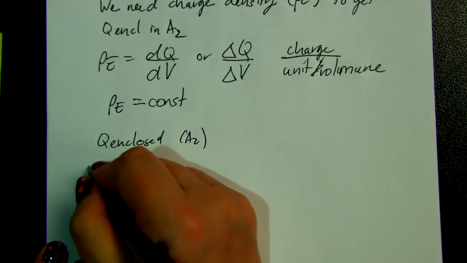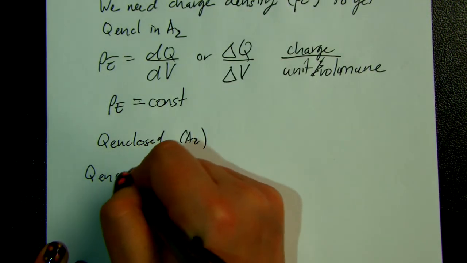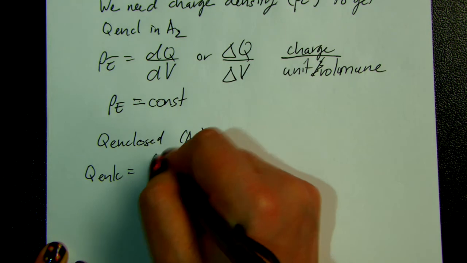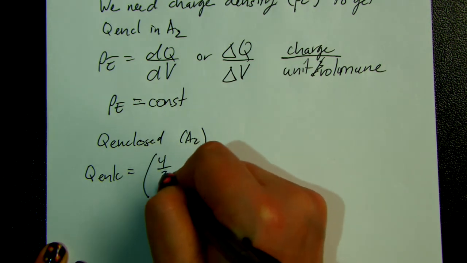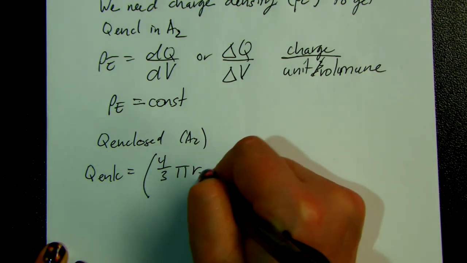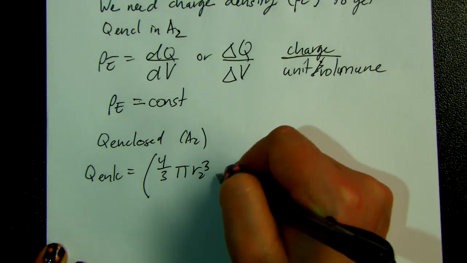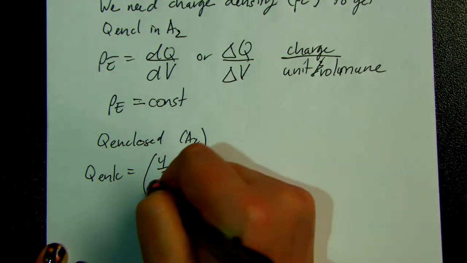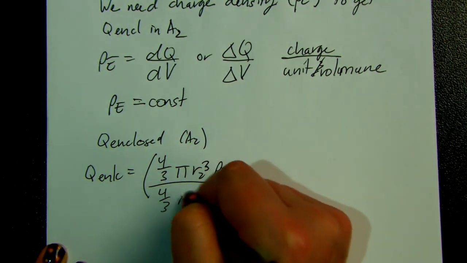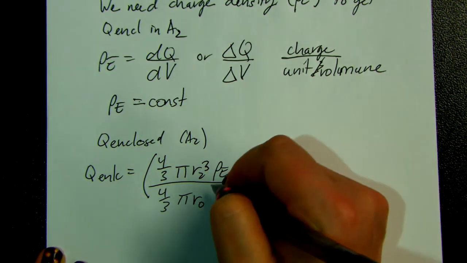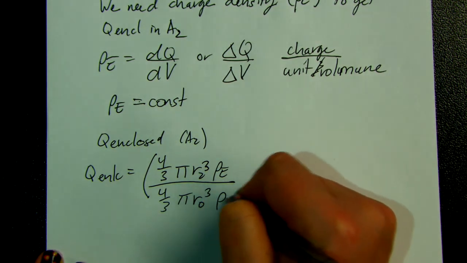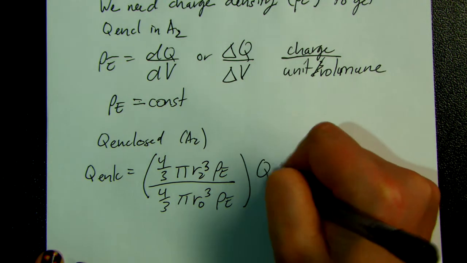All right, so Q enclosed, you're going to have 4/3 pi R2 cubed rho e over 4/3 pi r0, the radius of the sphere, cubed rho e, times the charge.